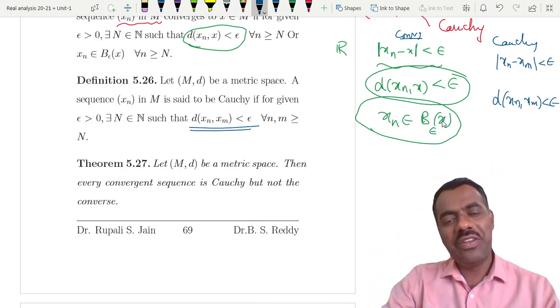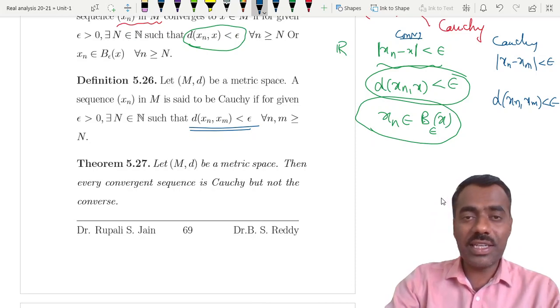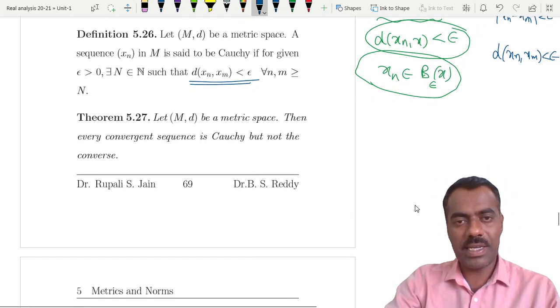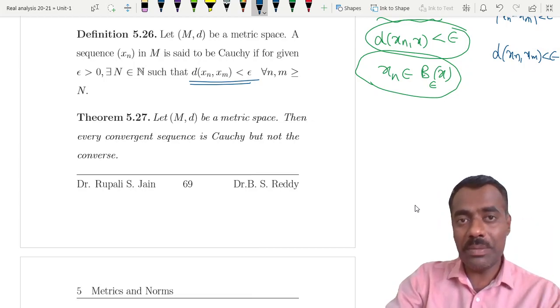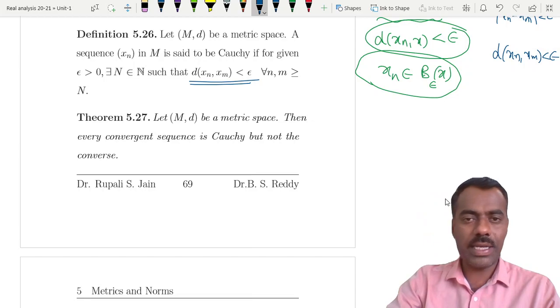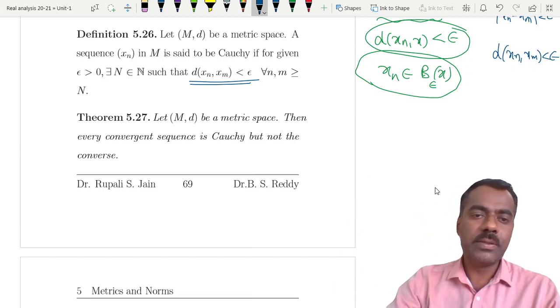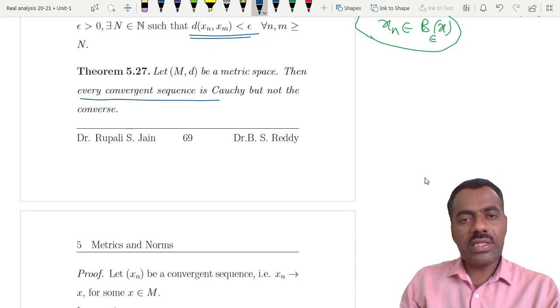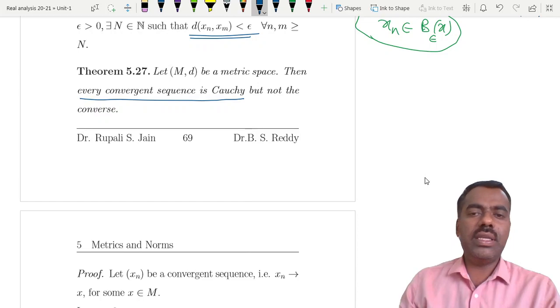But when we generalize, it is not necessary that whatever result is true in R is also true in that metric space, right? If something is true in a metric space, obviously it will be true in R with the usual metric also, right? But not the other way. That is what we are going to prove. Every convergent sequence is Cauchy but not the converse.